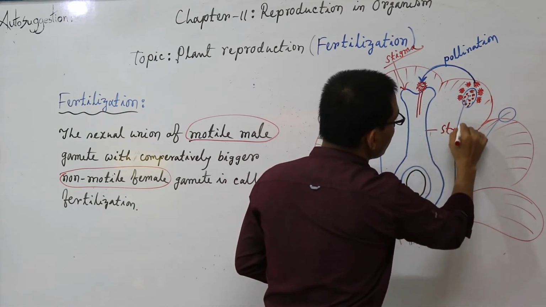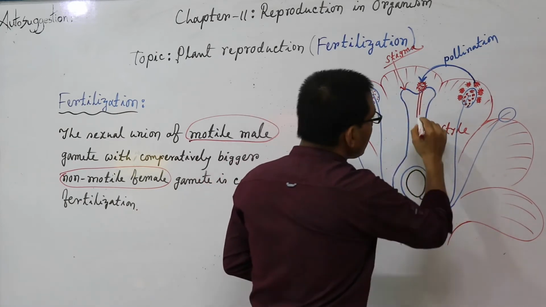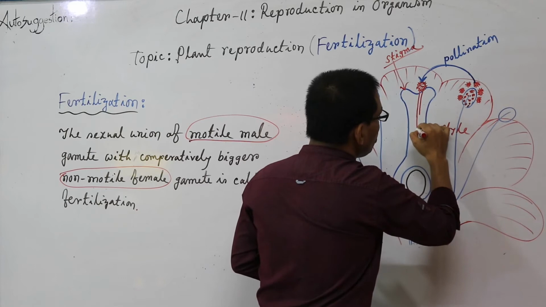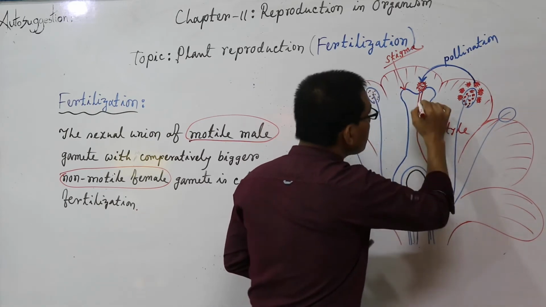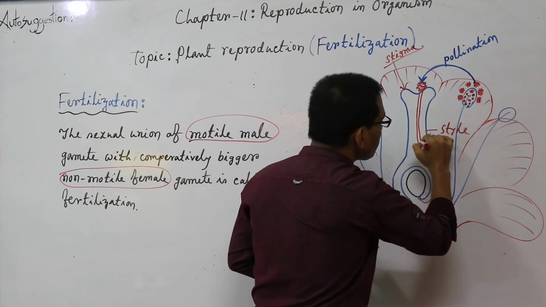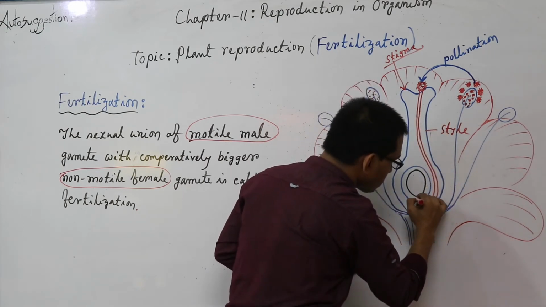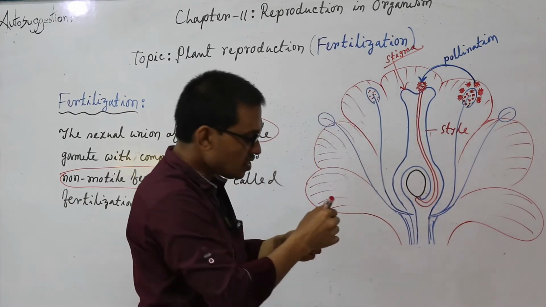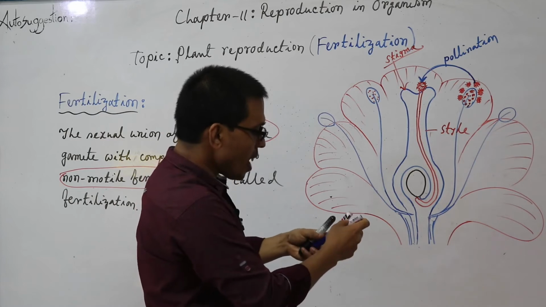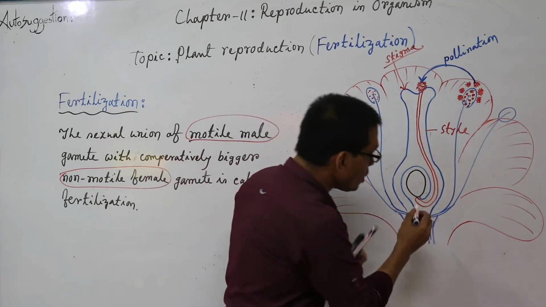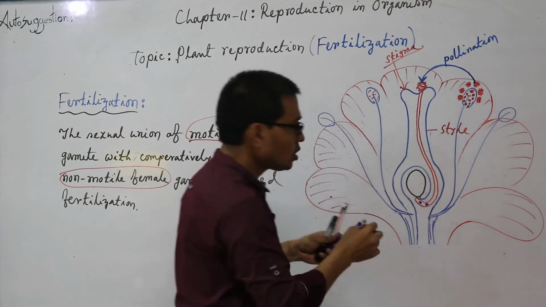This part is known as style. Stigma, style, ovary. The pollen tube penetrates the style and reaches the micropyle of the ovule, and these are two male gametes.